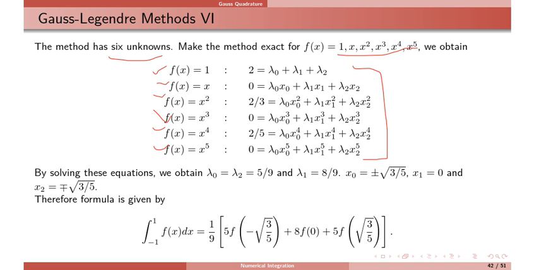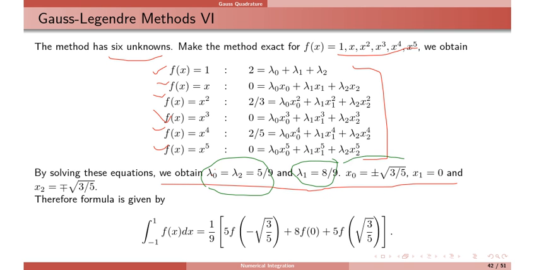And by solving these equations, I am not showing the calculation here, you got lambda 0 and lambda 2 equal to 5 by 9. So both are the same. And lambda 1 is 8 by 9. And x0 equal to plus minus root 3 by 5, x1 equal to 0 and x2 equal to minus plus root 3 by 5.